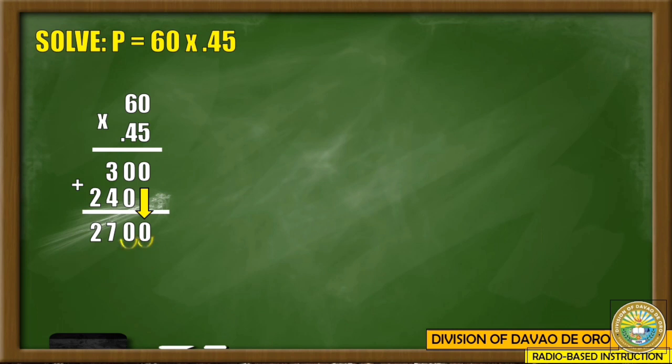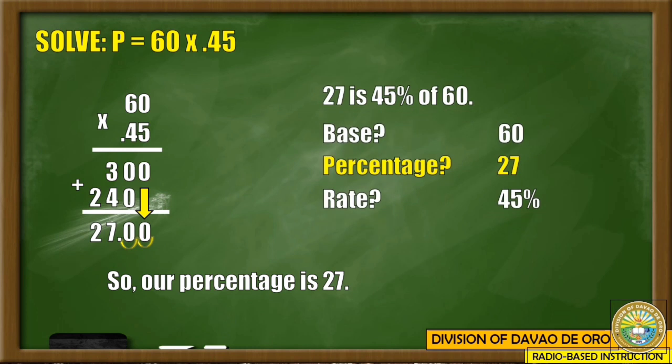So our decimal point will be in the middle of 0 and 7. So our percentage is 27. And this statement is correct. Base is 60, percentage is 27, rate is 45%. Understood? Good job.